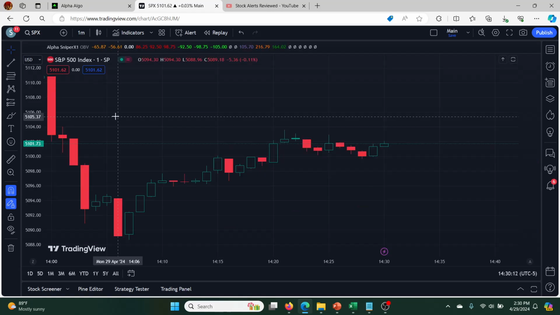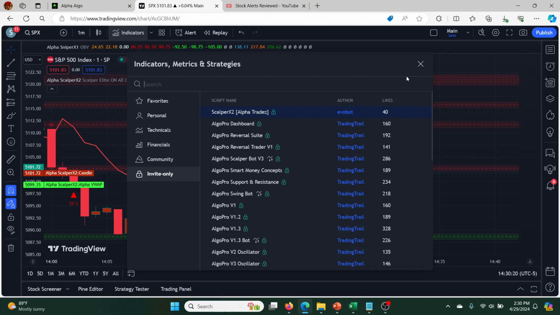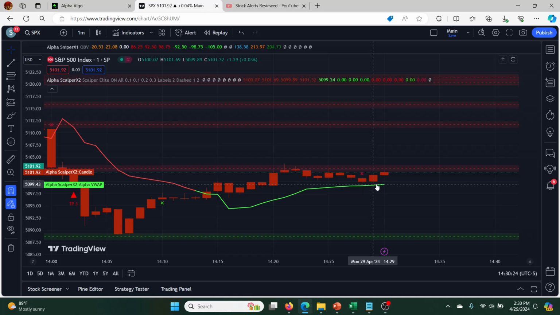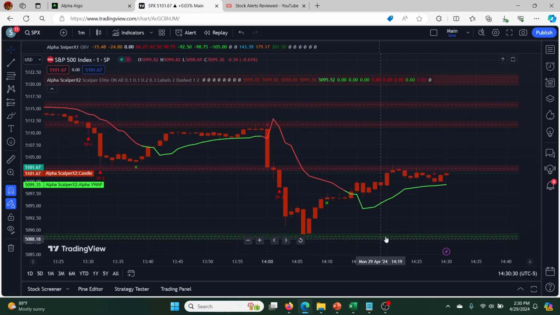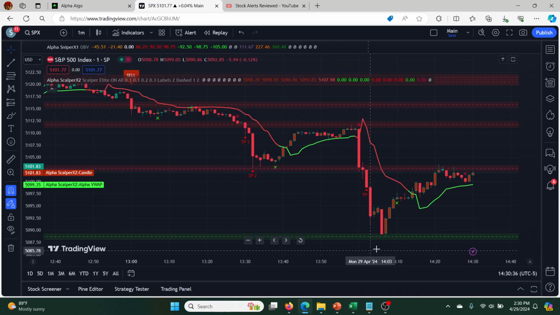So right here, I'm just going to add in the indicator that I'm reviewing today, which is the X2 scalper. I'm going to add that back onto the charts just to see if it's saying anything. So it's bouncing off VWAP. We're still in a 1 minute sell signal, I think. Let's have a look. Yeah, we've been in a 1 minute sell though for quite a while, and it's been telling you to take profits all the way down.